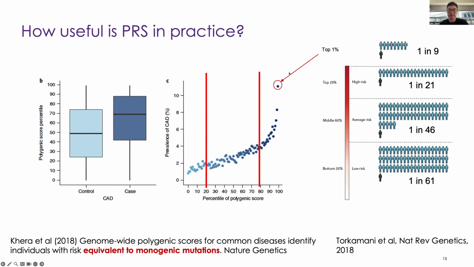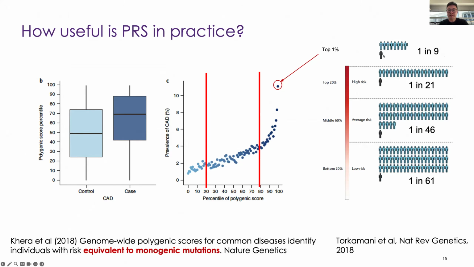For example, individuals in the top 1% of the cardiovascular PRS had a lifetime risk of greater than 10%. So one in 9 individuals in the top 1% PRS would actually develop the disease.